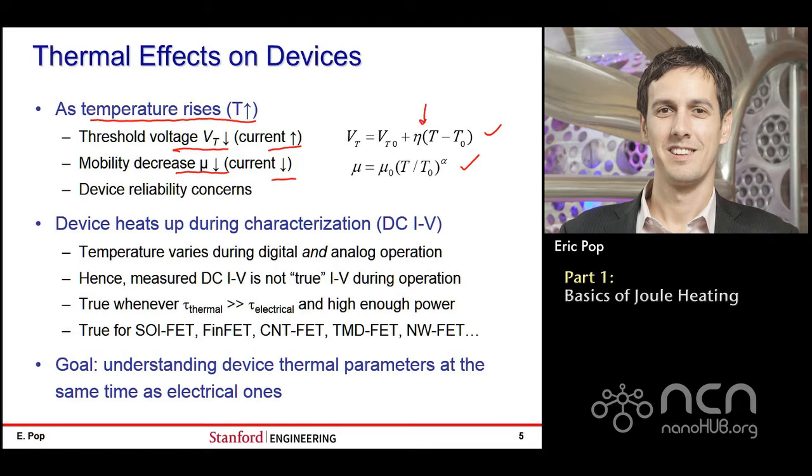As you can imagine, typically eta will be negative, and typically alpha here will also be negative, in order to illustrate the examples shown over here.